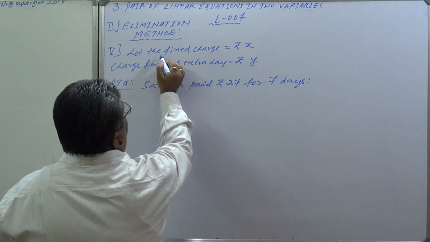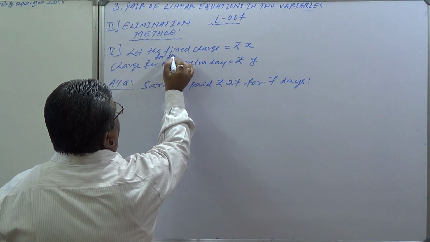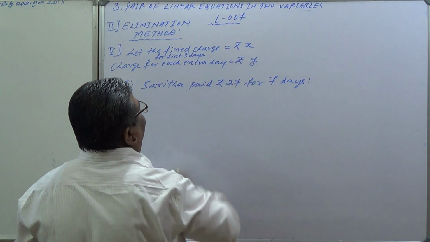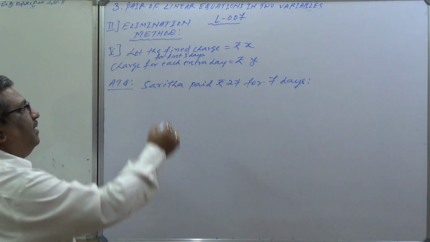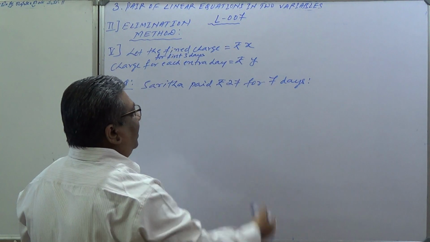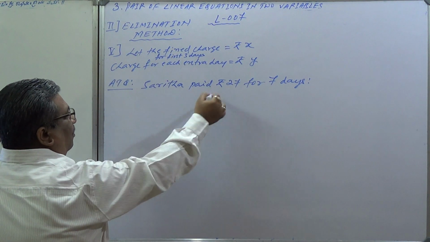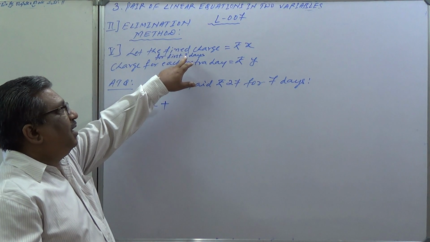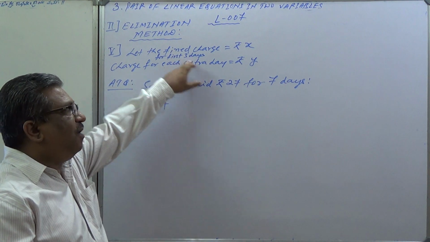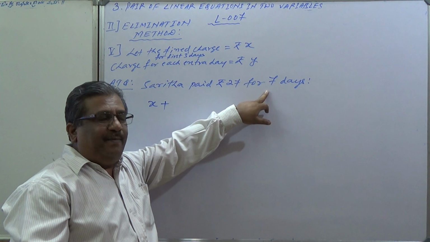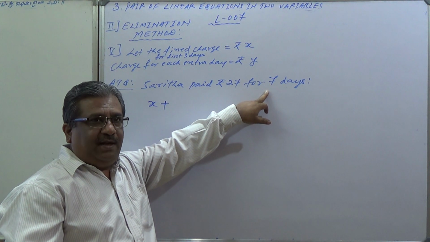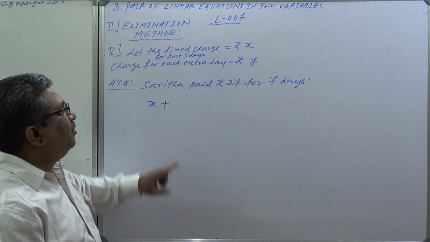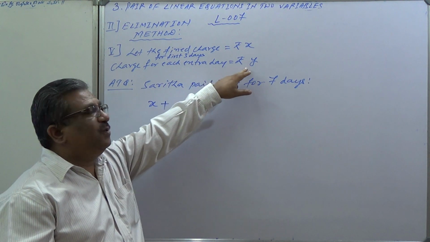Let the fixed charge for the first 3 days be rupees X. Then the amount paid is X plus, remove the first 3 days out of the 7 days. How many days are remaining? 4 days. Those 4 days are extra days, for which we have to pay at the rate of rupees Y per day.